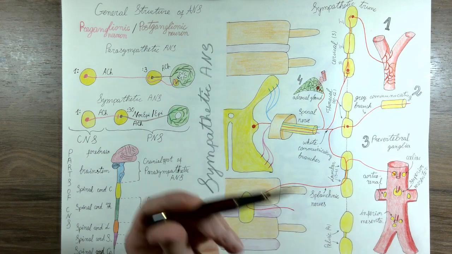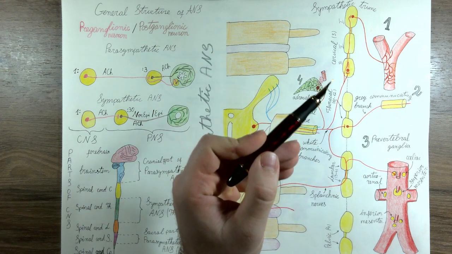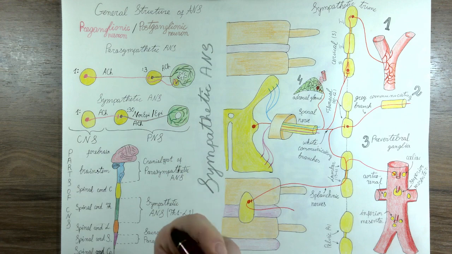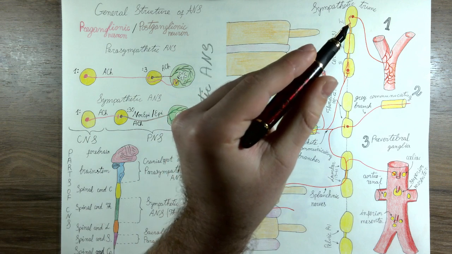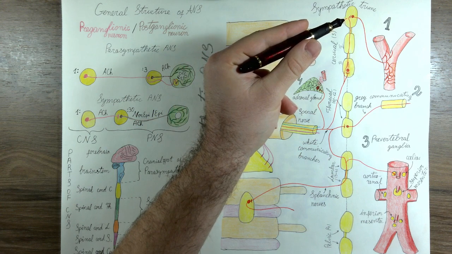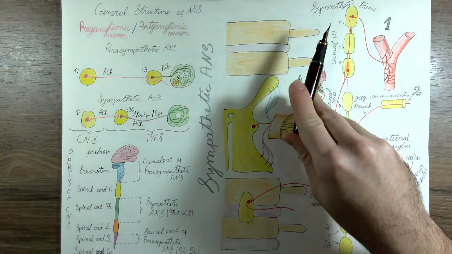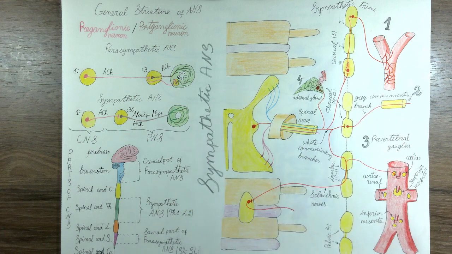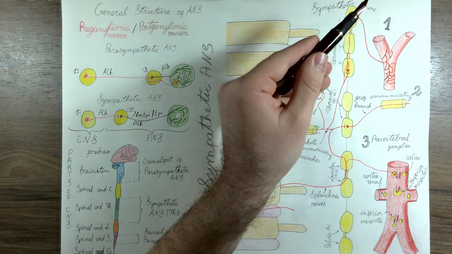The other way they're able to reach their target is through the blood vessels. Now what happens there? You can get these fibers communicating with, of course, the cells of the ganglia of the sympathetic trunk, and these cells would after that go and join the artery, forming a nervous plexus around the artery, and this plexus would follow the artery and reach the desired target.